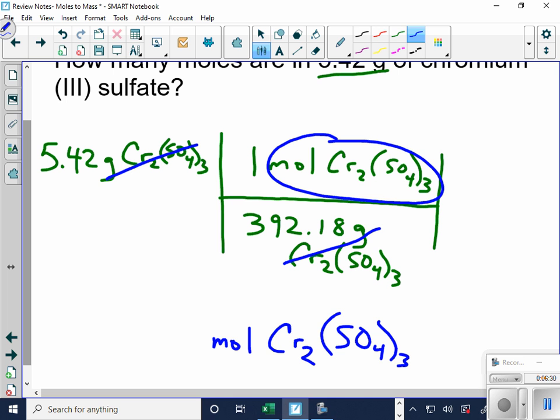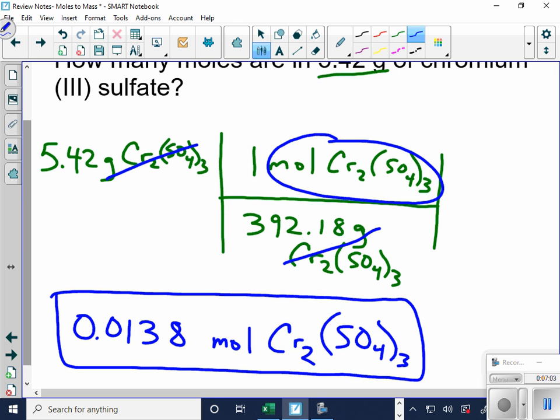So I'm going to take 5.42 and divide it by 392.18. When I get my answer, how many sig figs do I need? I need 3 because that was what was in my original number given. So my answer is going to be 0.0138.